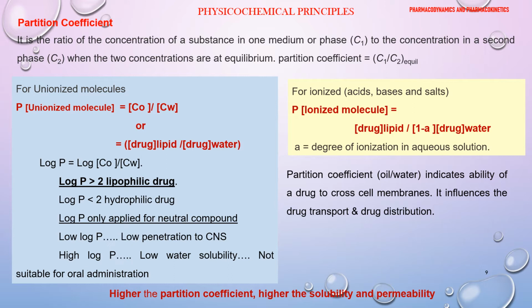If the molecule is ionized in the solution, then the equation of estimating partition coefficient slightly modifies as shown in the equation on the right. Here, the degree of ionization of the substance A in aqueous solution is also considered.